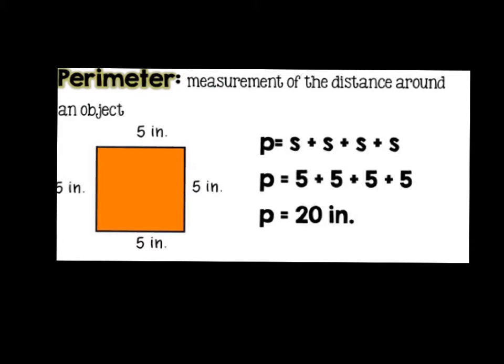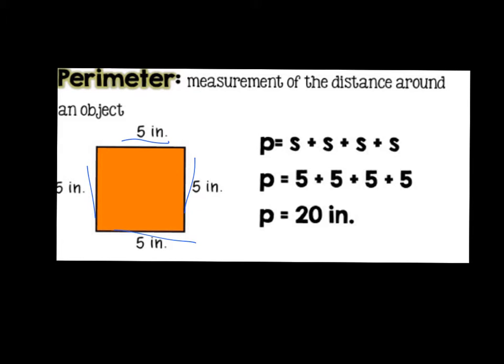All right, third grade, the first of our three fantastic formulas that we're going to look at is perimeter. And remember that perimeter is the distance around the outside of the shape. So to find out what the perimeter is, I'm going to add up all of our sides. So I have 5 here and 5 here. I know that's 10, plus 5 more is 15, and 5 more, that's 20.